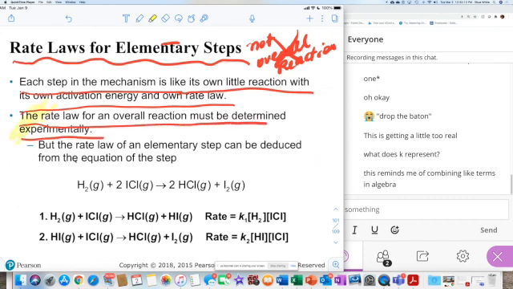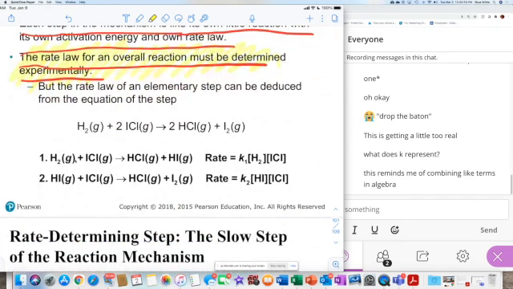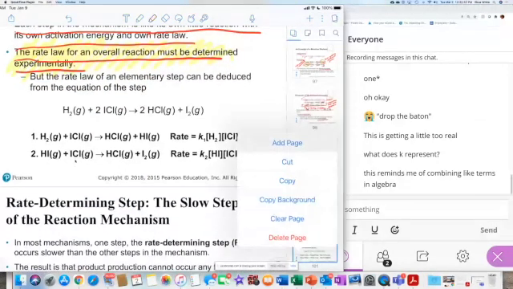So we're going back to stating this. We weren't lying there. For the overall reaction, you must determine the rate experimentally. But for the elementary step, you can write the rate law based on what you have in the reactants. Okay? So let me write this on a separate page so you can see how I'm writing it out.